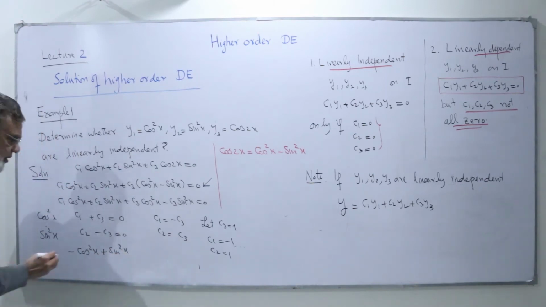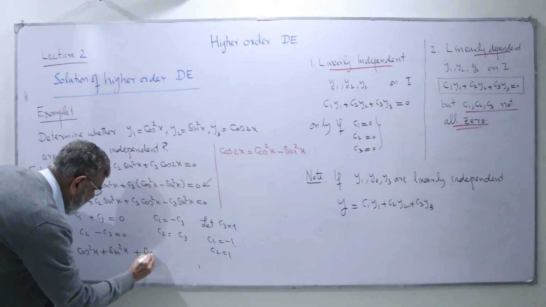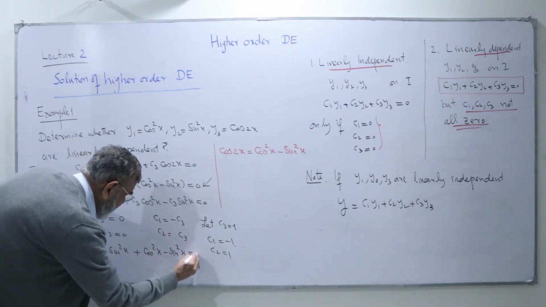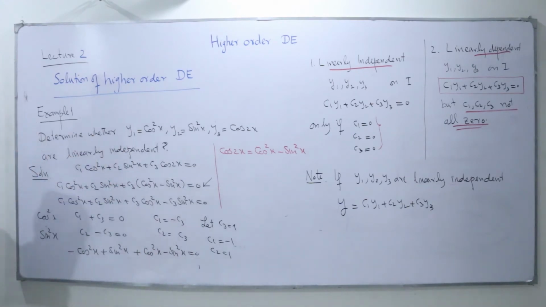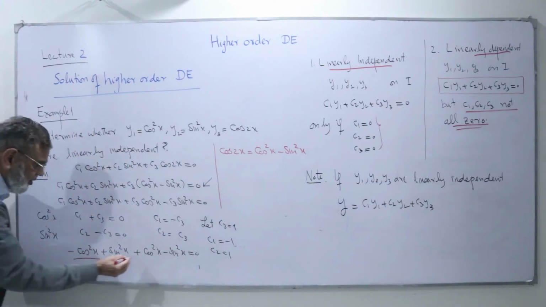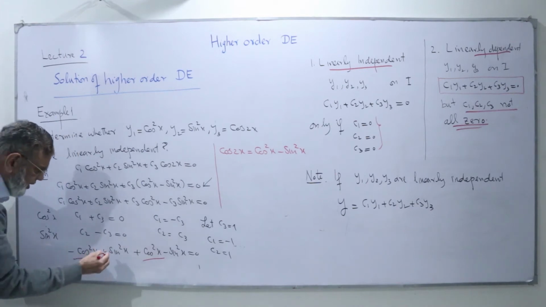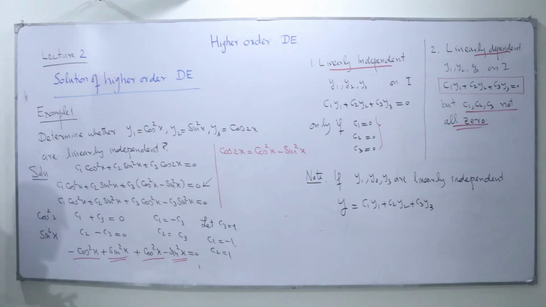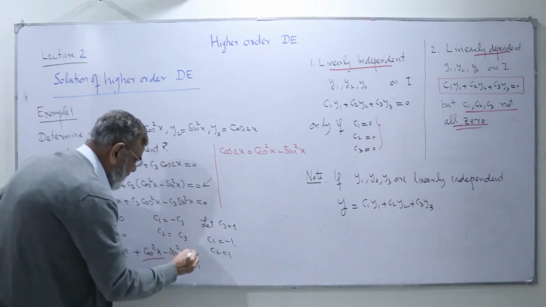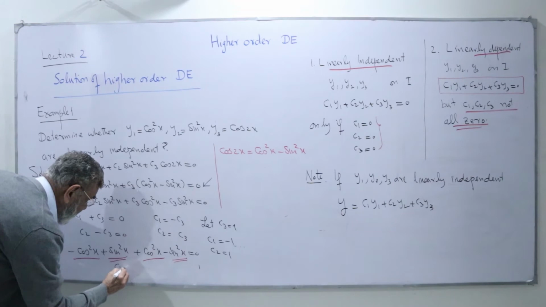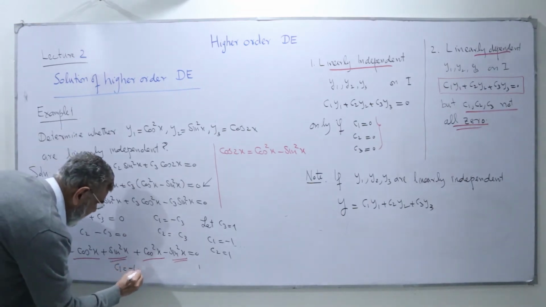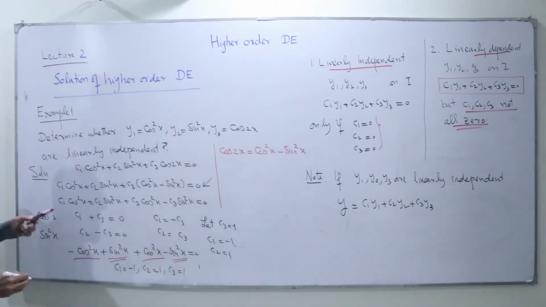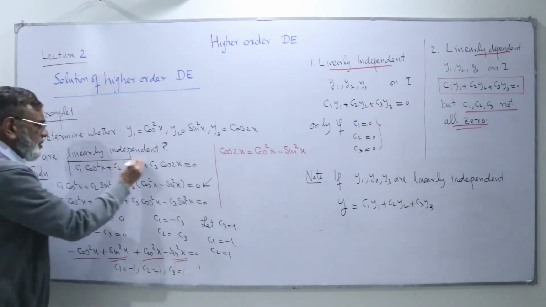Then C3 is 1 times cosine square x minus sine square x, and we can check that we have cosine square x with minus cosine square x, which becomes 0. Then we have sine square x with plus sine square x, minus, so that also becomes 0. This means we find C1 is equal to minus 1, C2 is equal to 1, C3 is equal to 1, which makes this combination equal to 0.